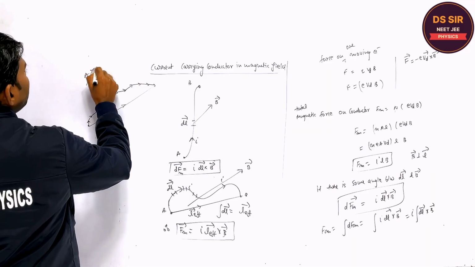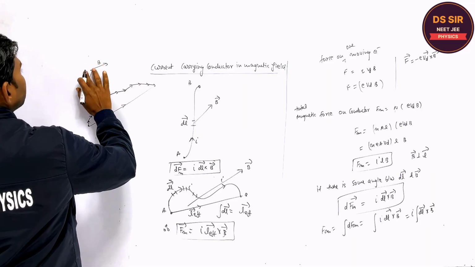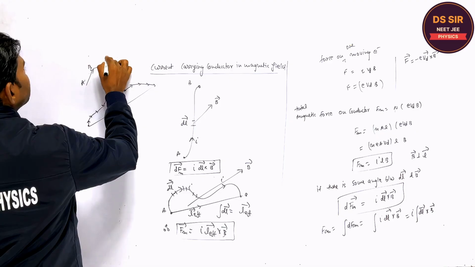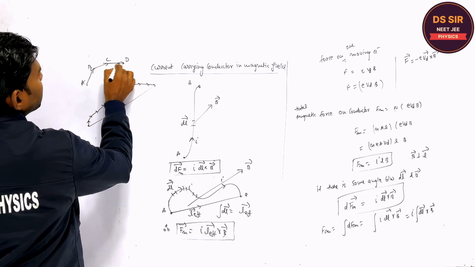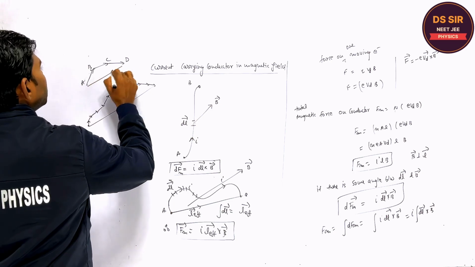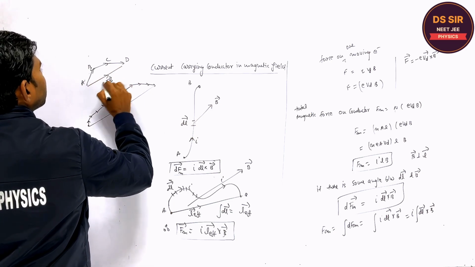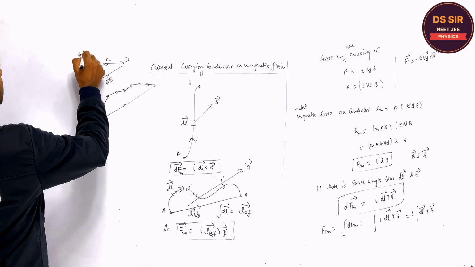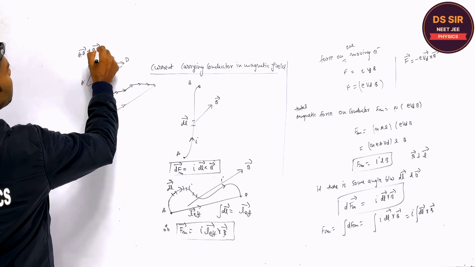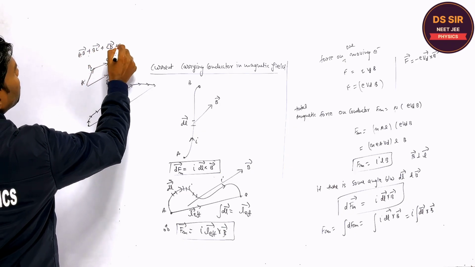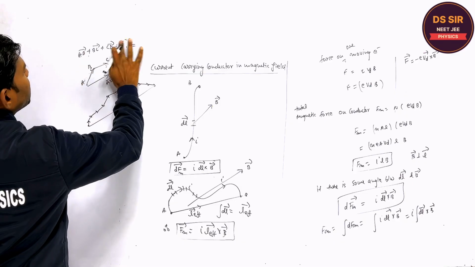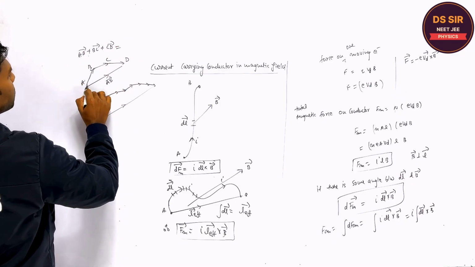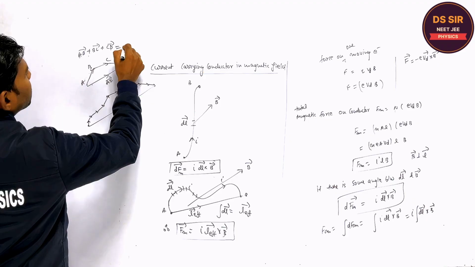Vector AB plus BC plus CD vector is equal to what? Say AD vector. AB vector plus BC plus CD is equal to AD vector.